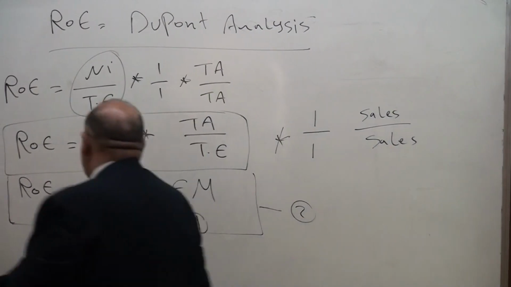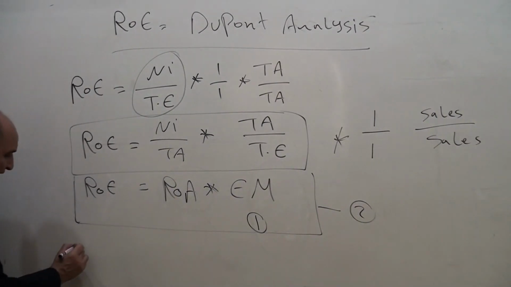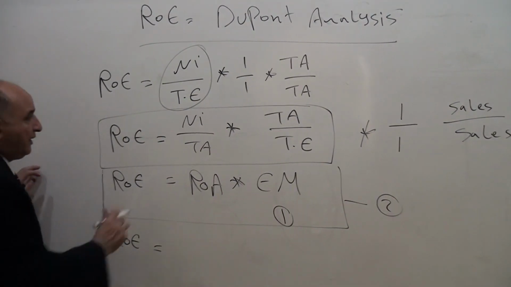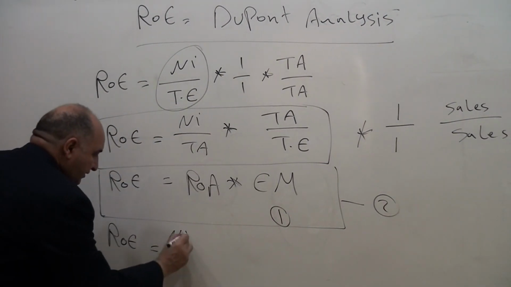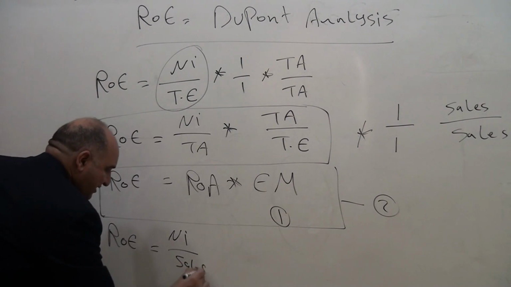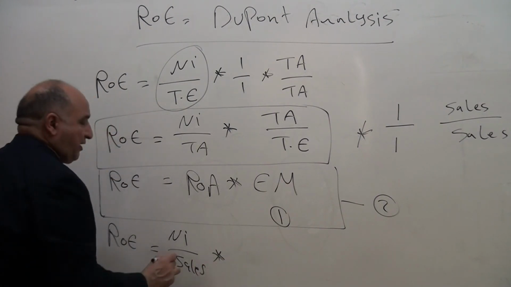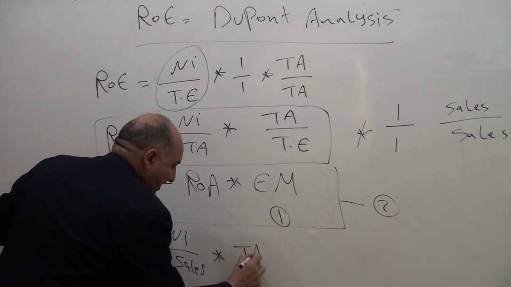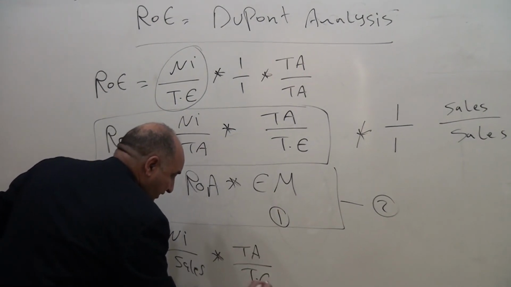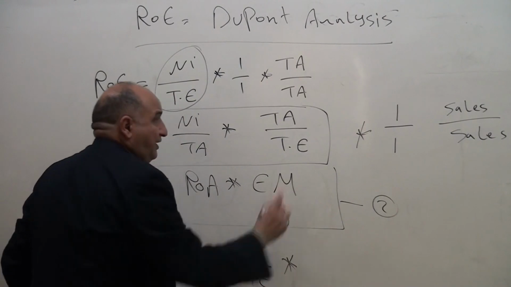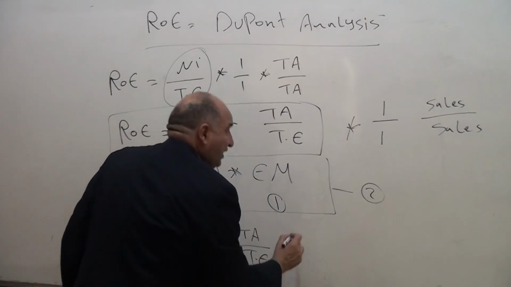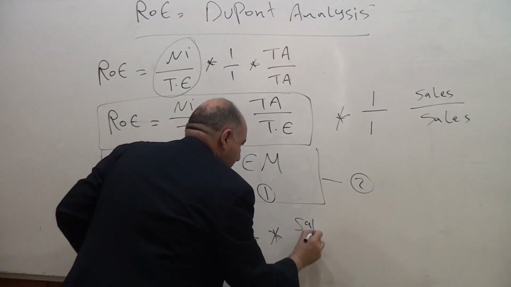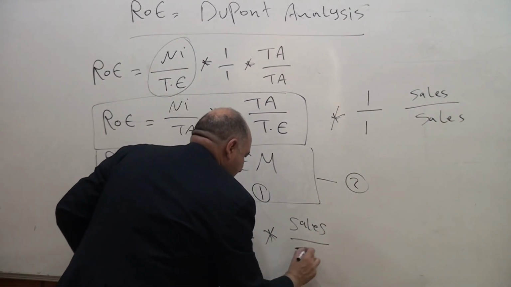We can replace this sales instead of total assets and total assets instead of sales. So it will be the last one: ROE equals net income divided by sales, multiplied by the equity multiplier, total assets divided by total equity, multiplied by sales divided by total assets.